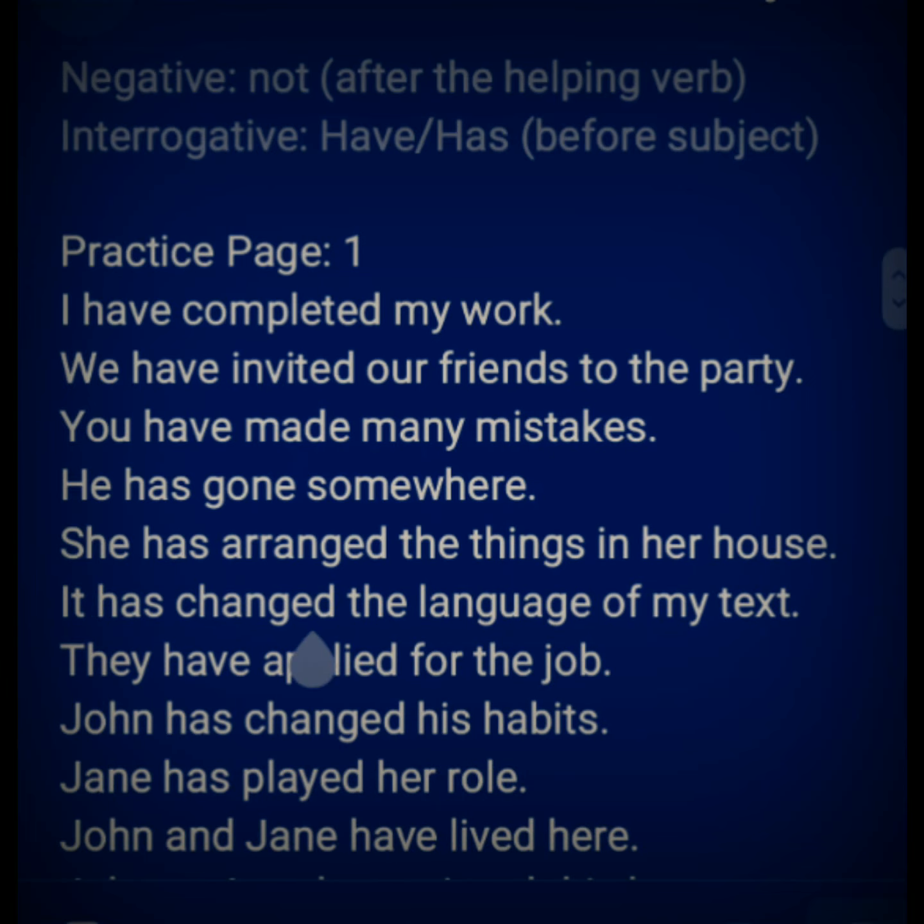It has changed the language of my text. Suppose the computer has changed the language of my text, or my mobile phone has changed the text of my application.